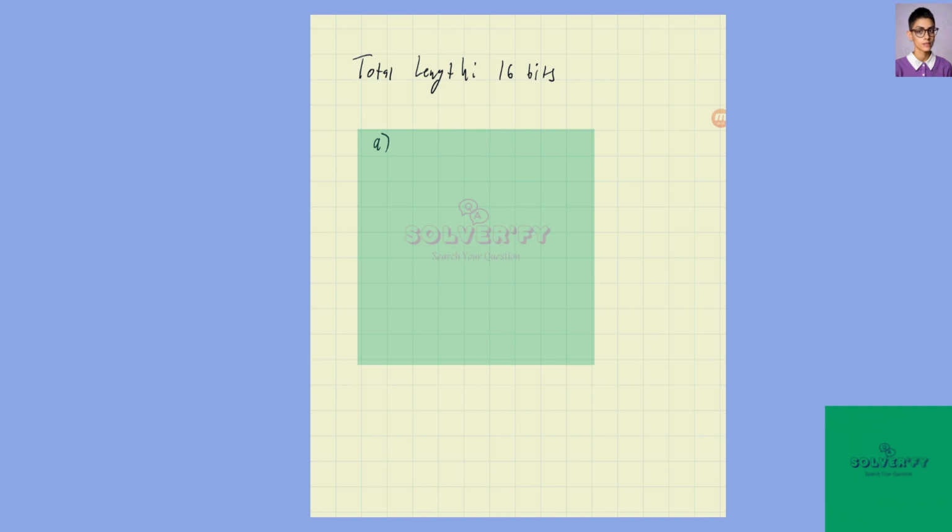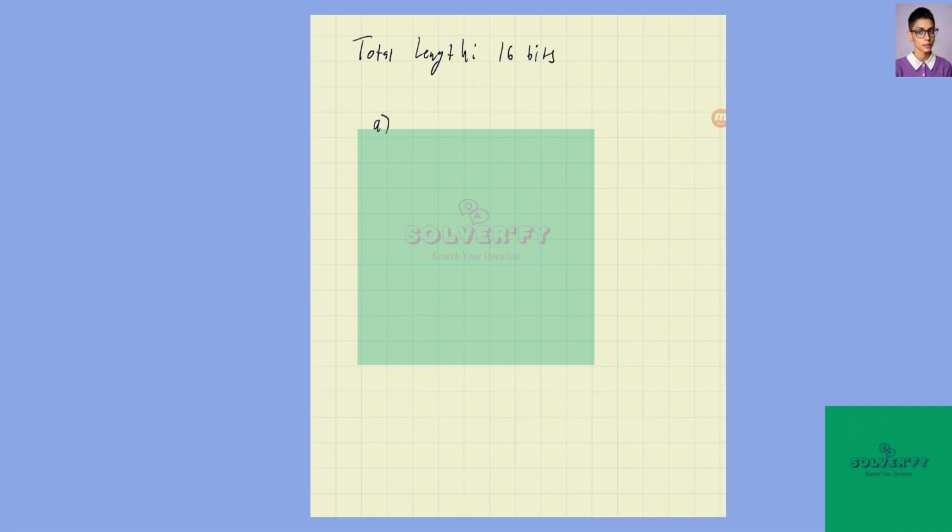We know that the total length determines the maximum total length in octets, which are sets of 8 bits. So total length has 16 bits, which means that the largest value, the max of total, we'll just call that TOT for short, is going to be 2 to the power of 16, because it's 16 bits.